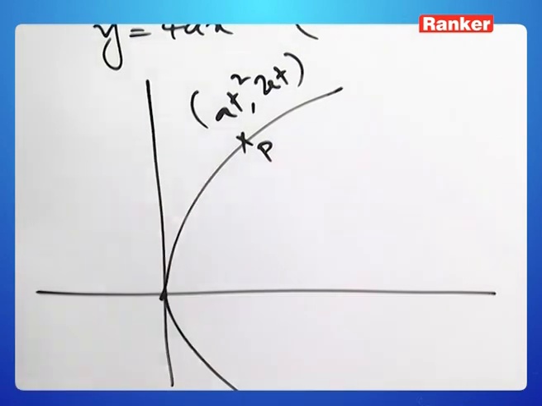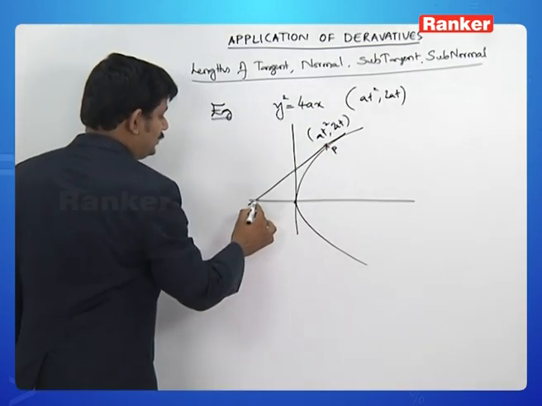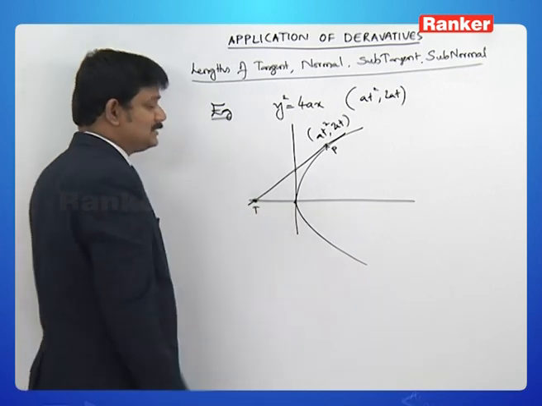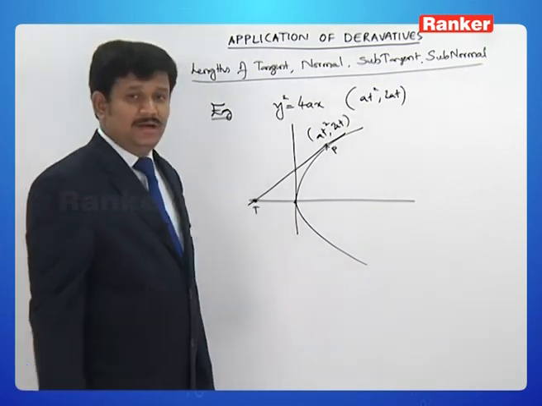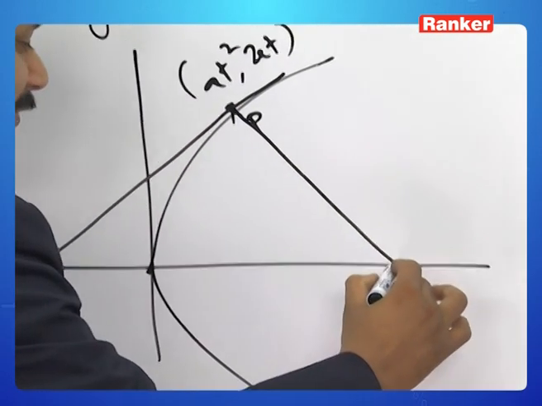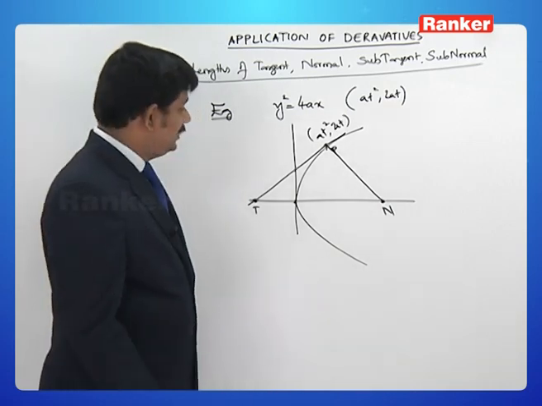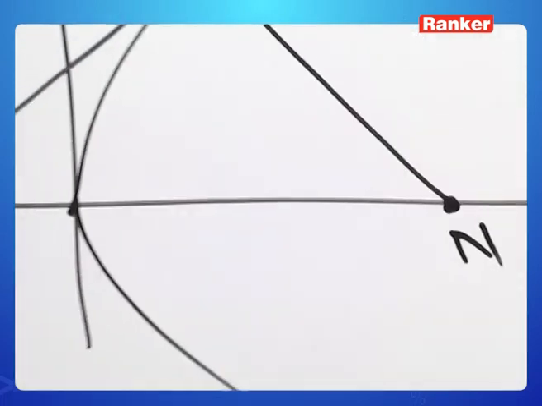Let's call this point P. When we draw the tangent at P to cut the x axis at T, PT is called the length of the tangent. The normal at P, if it cuts the x axis at N, PN is called the length of the normal.